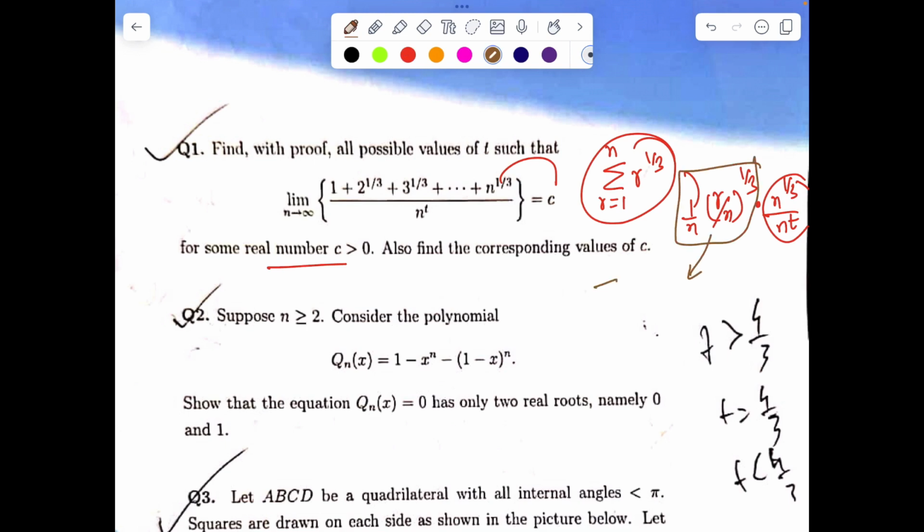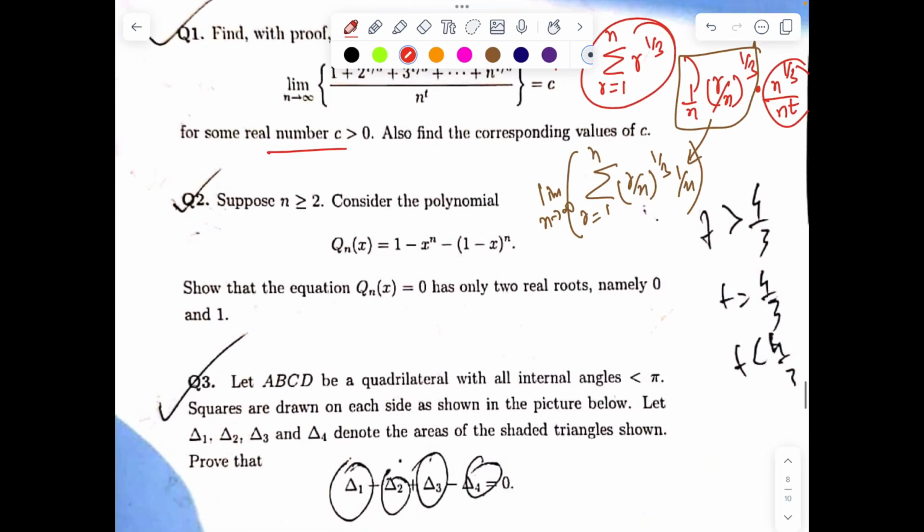Now this part we can evaluate. The sum of r by n to the power 1 by 3 times 1 by n, r from 1 to n, as the limit n tends to infinity, can be evaluated as the integral of x to the power 1 by 3 dx.